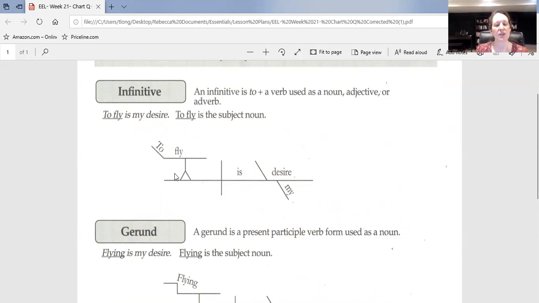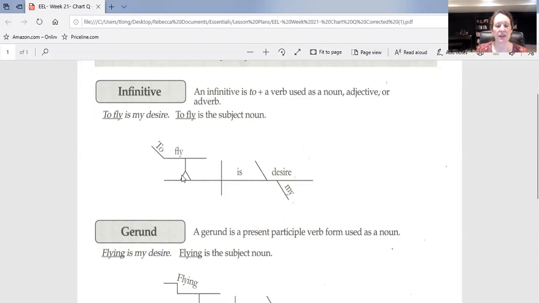It's the subject of a sentence, and that's where the subject goes, then that is how we diagram the infinitive. And it kind of looks like a prepositional phrase. To is on that diagonal, that fly is on the flat line. To fly. That is how we would diagram an infinitive.